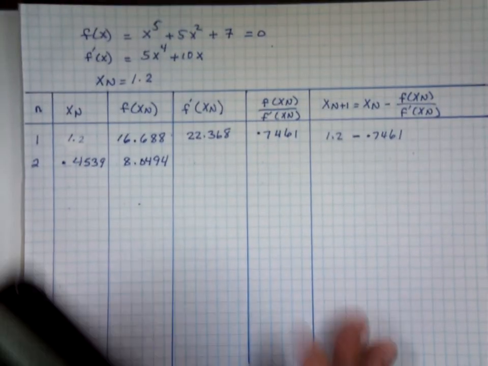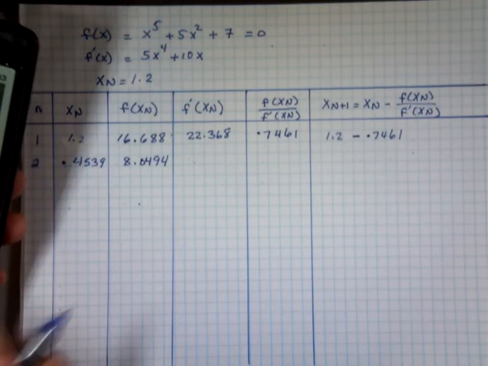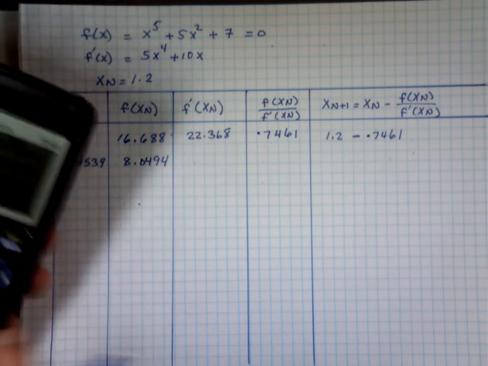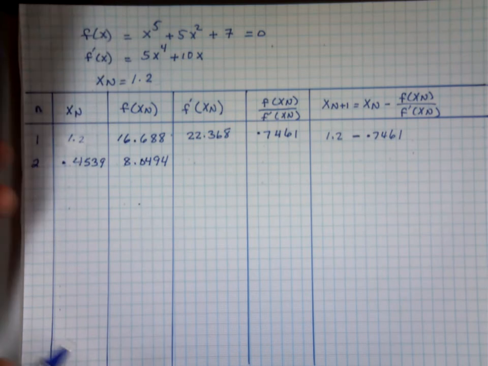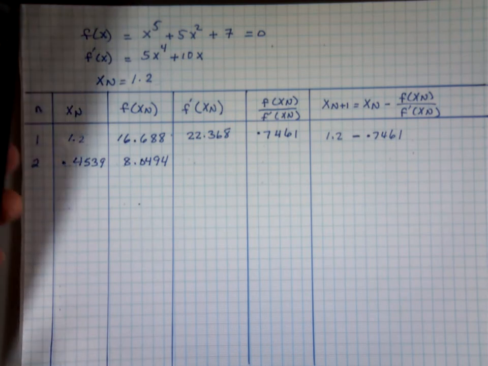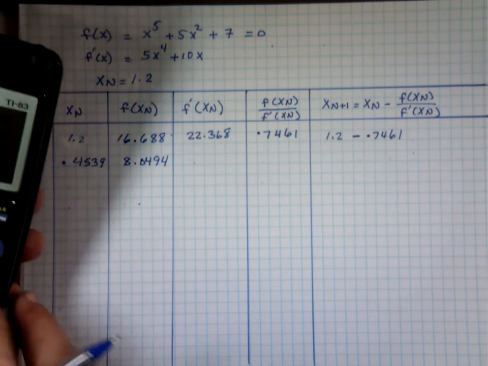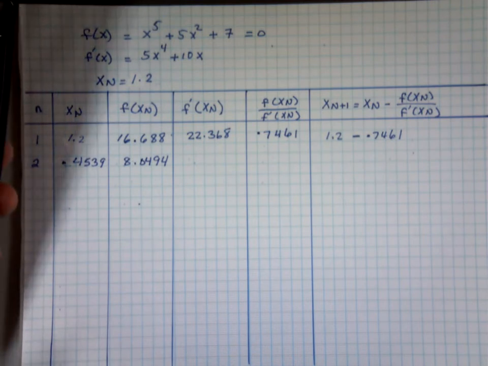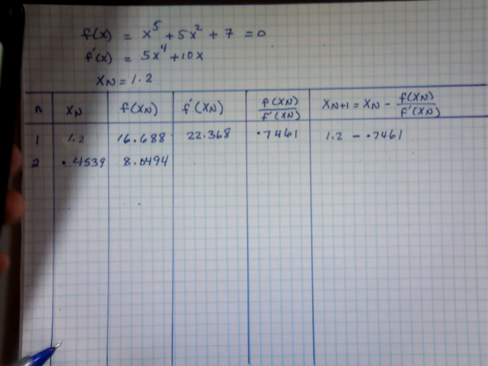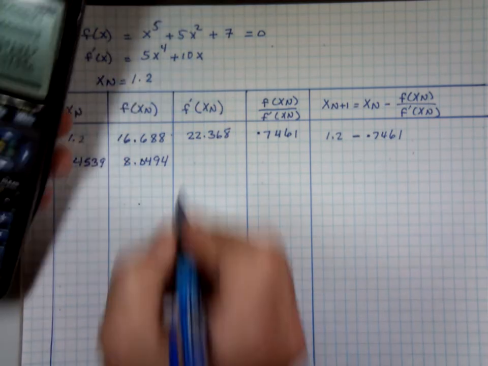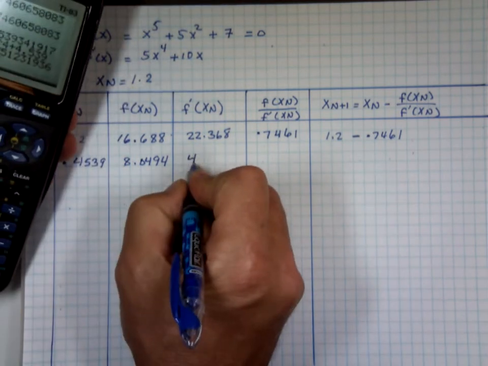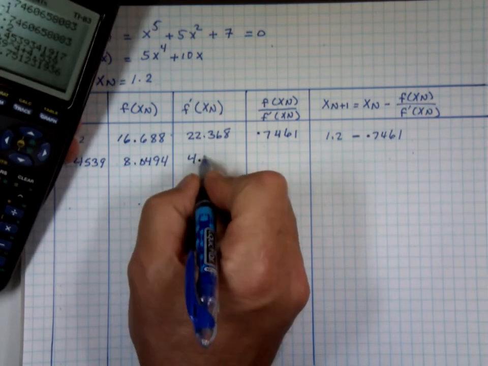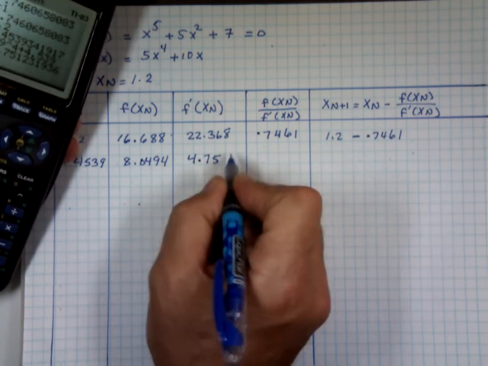What's the derivative of that? 5 times, I'm in the wrong section, here we go. 5 times 0.4539 to the power of 4 plus 4.539. The derivative is 4.7512.